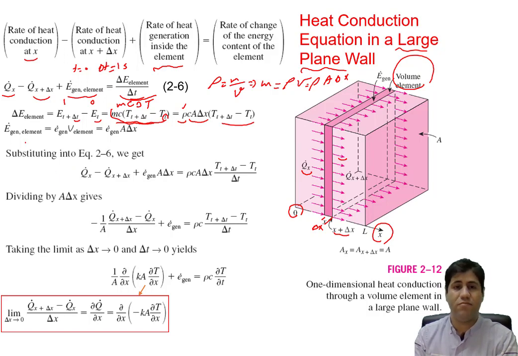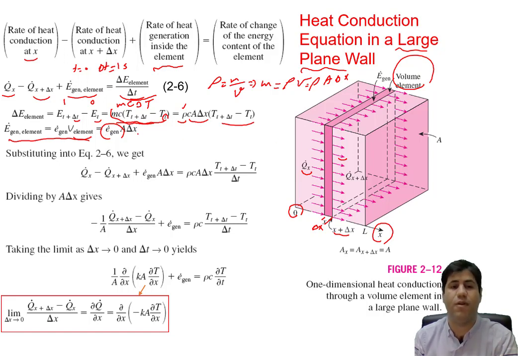How about the heat generated inside the wall? If you remember, we had this general equation, which says the rate of heat generation inside the wall is multiplied by the volume of the element. It could be generated, for example, by a wire or any other reason for generation of energy.